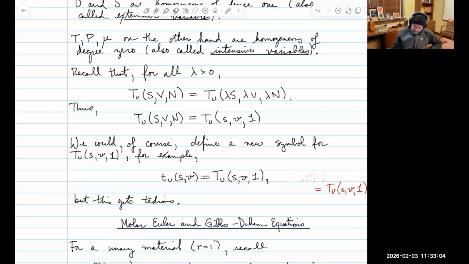We're not going to change notation here. We're going to stick with our current notation. So this, like I said, is just going to be written as, in an obvious abuse of notation.